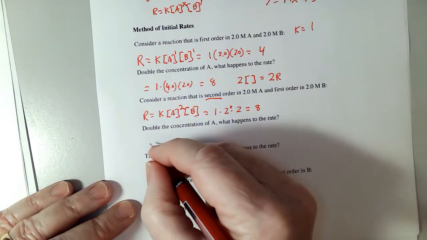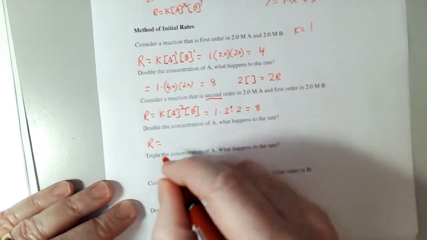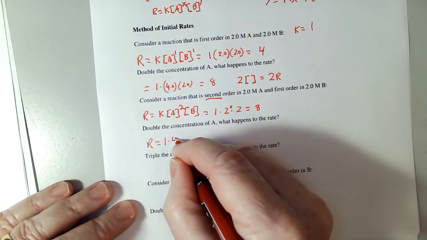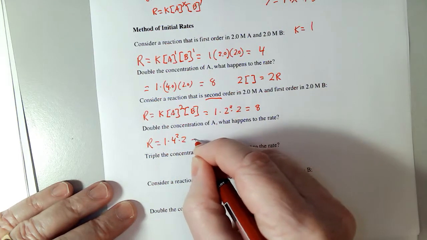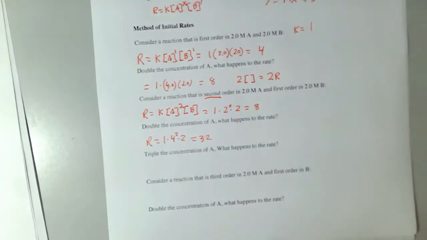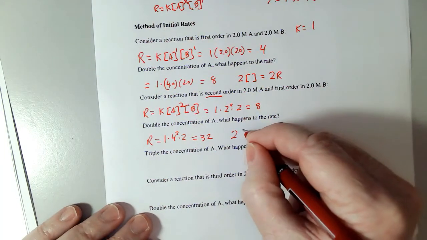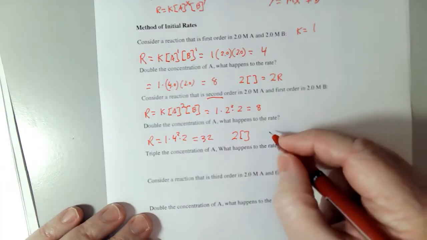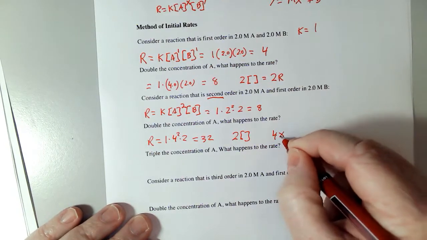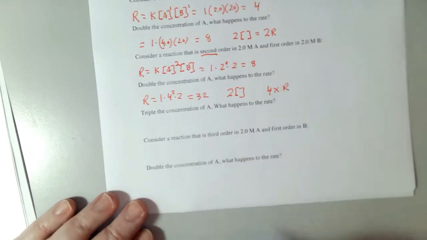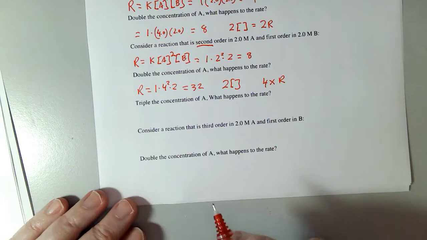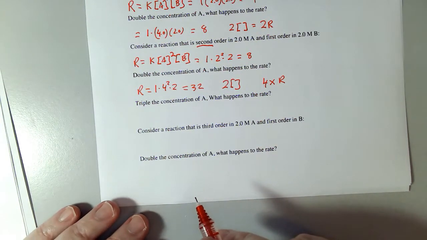And if I double the concentration, the rate now is 1 times 4 squared times 2, which equals 32. So when I have a second order reaction, if I double the concentration, I get 4 times the rate. The rate goes up a lot because it's second order.